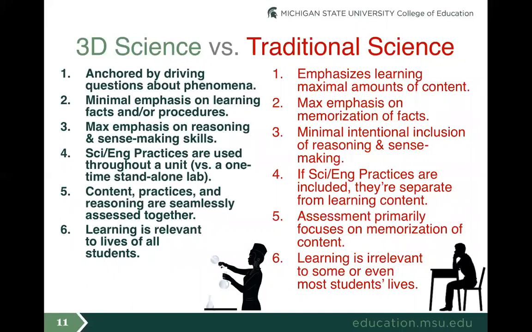They're an integral part of education and occur in every step in every unit. We see that content and practices are a seamless part of reasoning about natural phenomena in a way that's relevant to the lives of all students and incorporates their background and prior ideas.